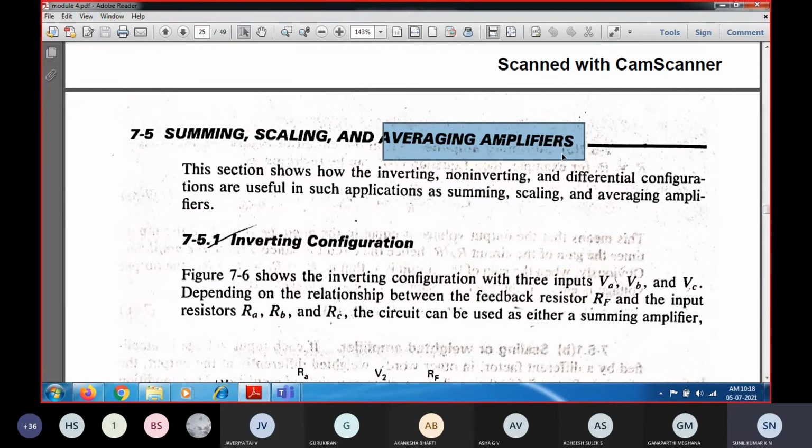The circuit is designed in such a way that the output is equal to the average of the three input voltage sources, so V0 equals V1 plus V2 plus V3 divided by 3, because there are three input sources. That circuit will be called an averaging amplifier.